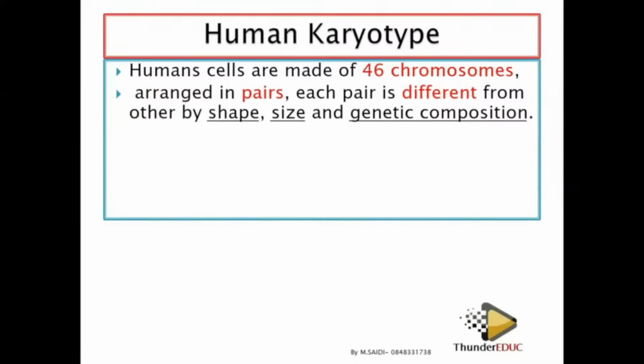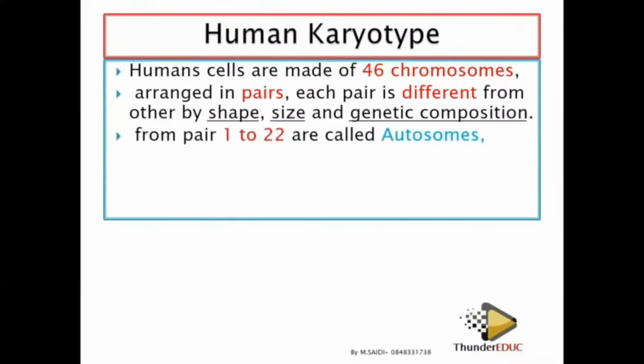It means that what pair number 1 determines is not the same as what pair number 2 determines. For example, you'll find that pair number 23 will determine the sex. You cannot find this in other chromosomes. So they vary in shape, size, and genetic composition.